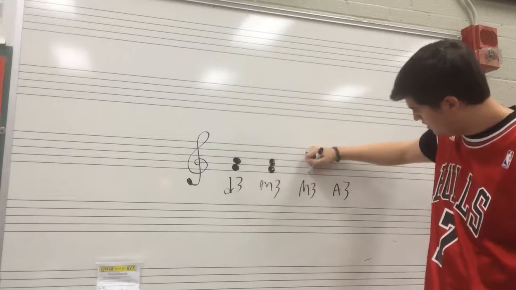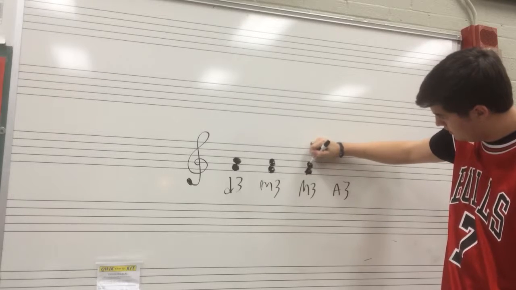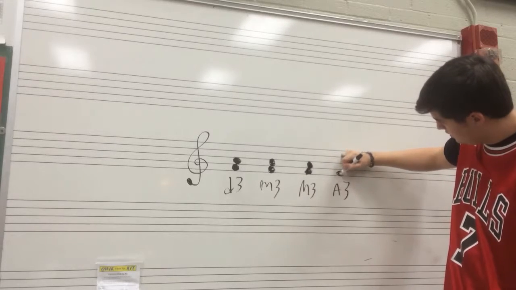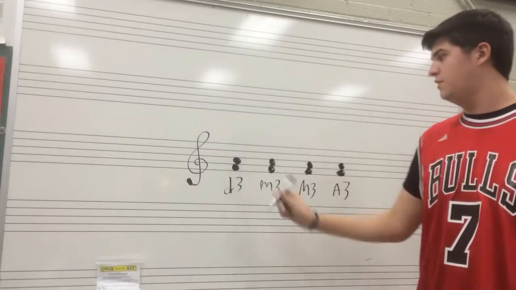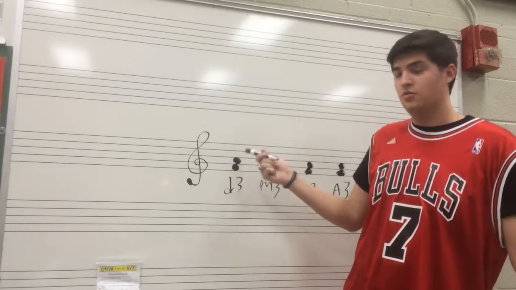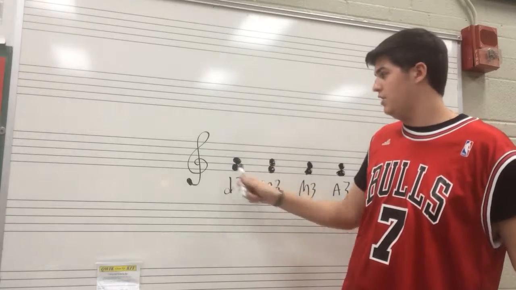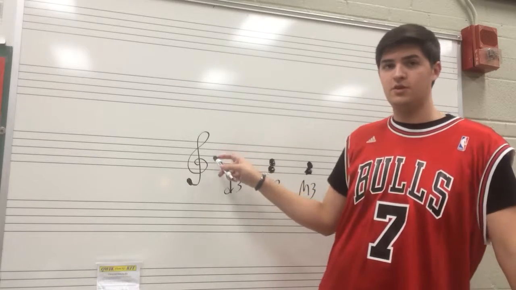What we would do for all of these is find the key of F, because it's the bottom note, one flat, which is B. And then if there was something in the key signature, you'd have to refer to the key signature.